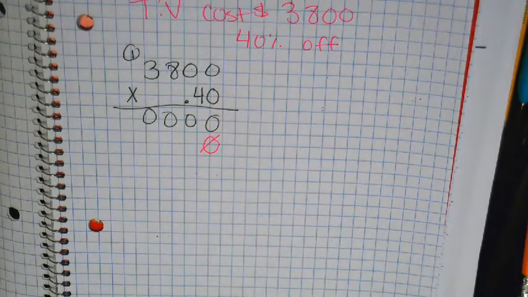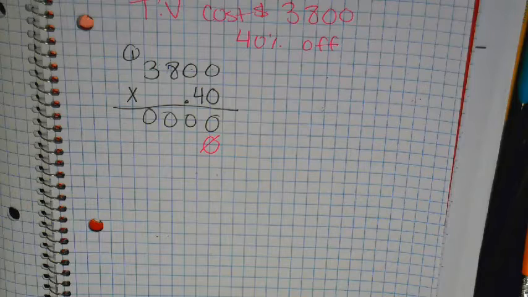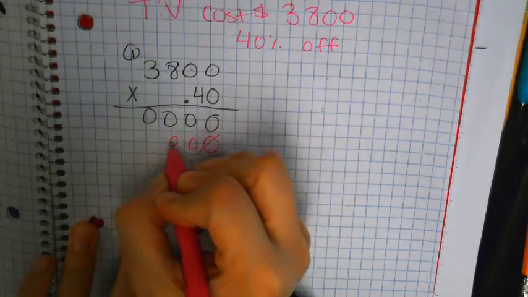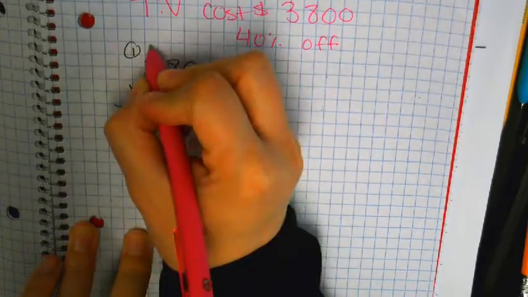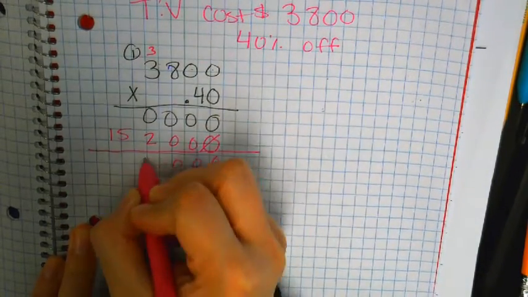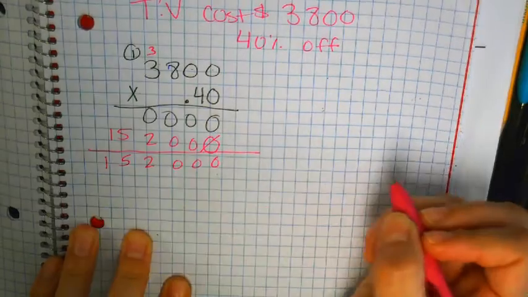All right, now multiply everything by 4. So 0, 0, 32, carry the 3, 15, 0, 0, 0, 2, 5, 1.